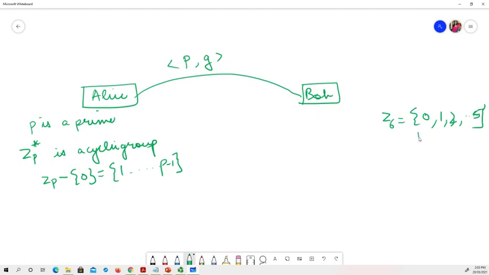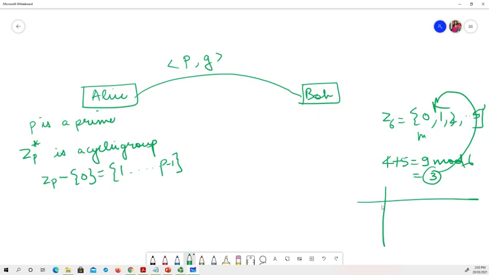And if I have to apply any kind of operation, let's suppose I do 4 plus 5. 4 plus 5 is 9, and 9 modulus 6 gives me the value 3. 3 is present in this particular cyclic group, which is Z6. And if I generate a table with 0, 1, 2, 3, 4, 5 and similarly 0, 1, 2, 3, 4, 5, and then I add, so it would be 0, 1, 2, 3, 4 and 5.